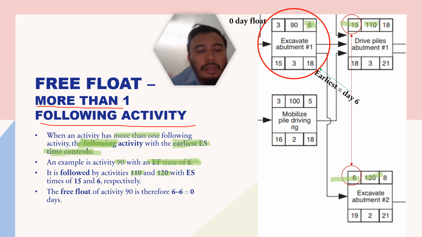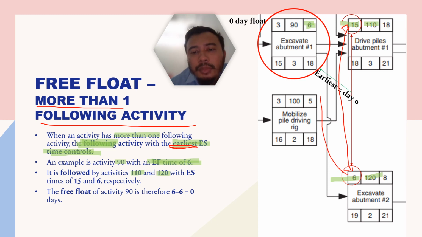So the free float of activity 90 is 6 minus 6, because we take the earliest start. By comparing between 15 and 6, you determine that the earliest will be day 6.